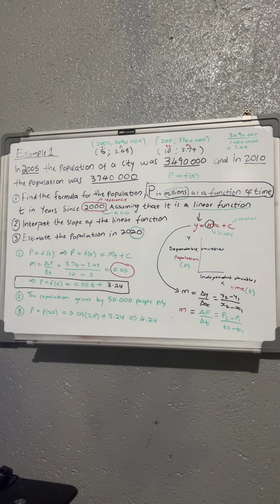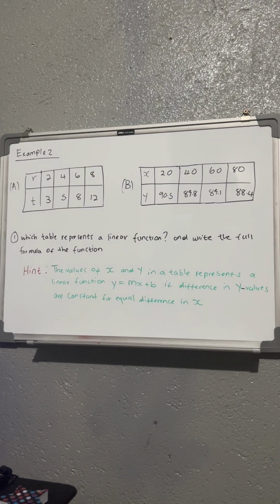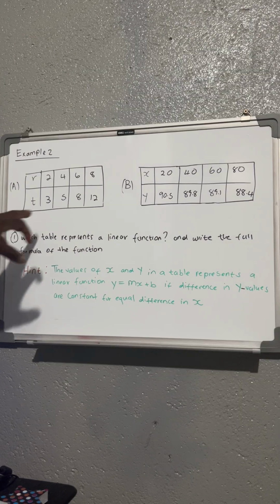So I will just leave you guys with one bonus question to do on your own, and you guys will comment with the answers that you found. So this is the bonus question that I'm leaving you guys with. We have two tables that are given.